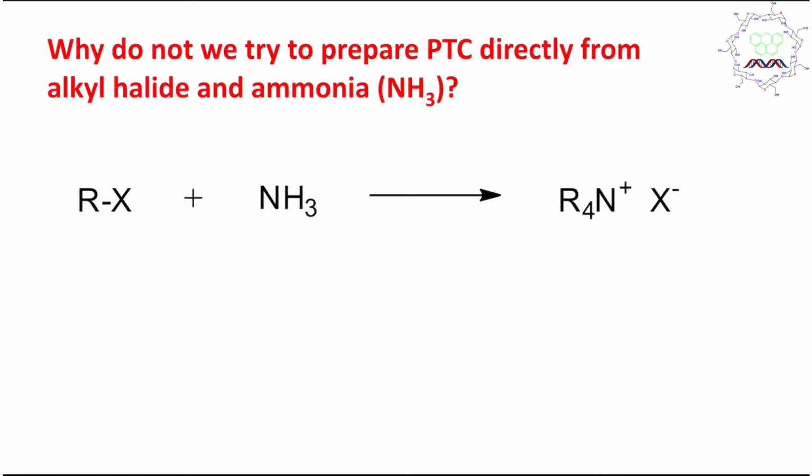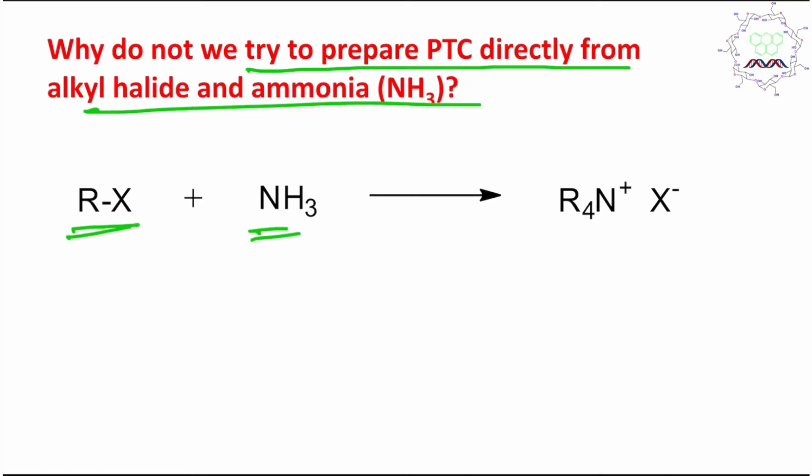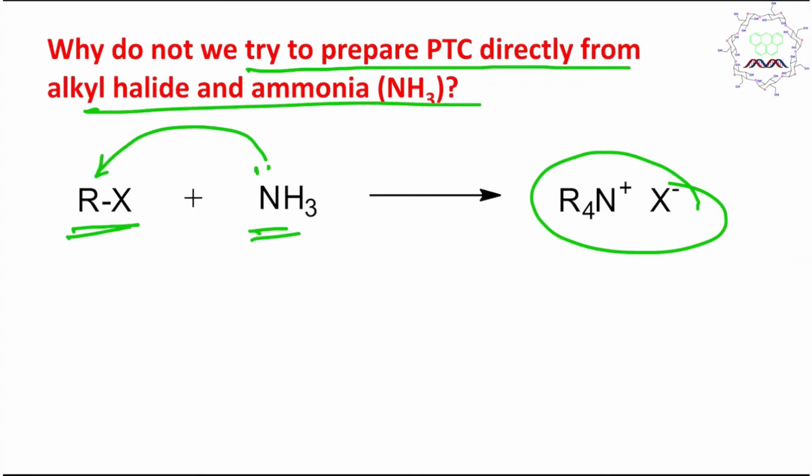Now, a question may come to your mind: sir, why don't we try to prepare this PTC directly from alkyl halide and ammonia? Because we have previously read that if alkyl halide and ammonia react, it ultimately ends up as quaternary ammonium halide, meaning exhaustive alkylation is possible. Yes, student, that's true, it happens. How? Similar to an SN2 reaction, first it attacks, it leaves.